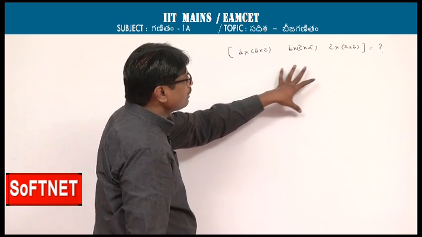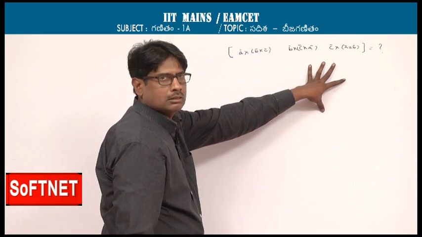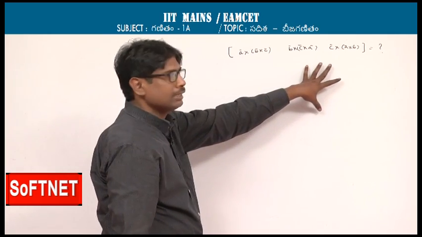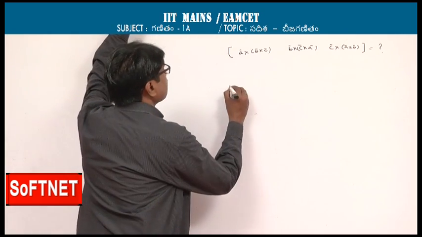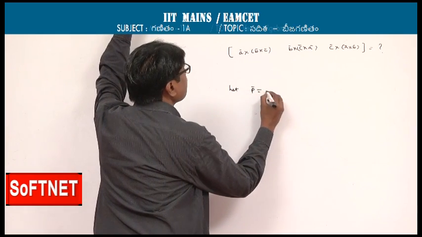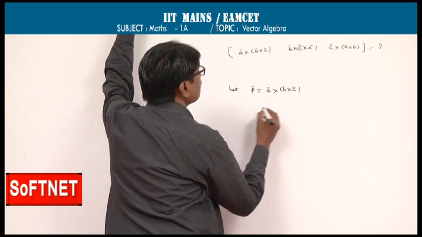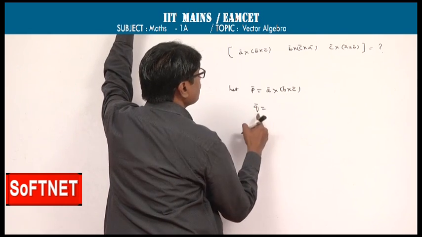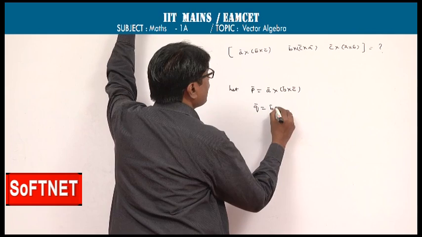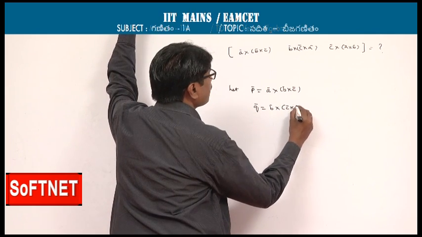So, in order to calculate this box, I want to take these vectors in a combination. Let P bar is equal to A bar cross B bar cross C bar. Q bar is equal to B bar cross C bar cross A bar.